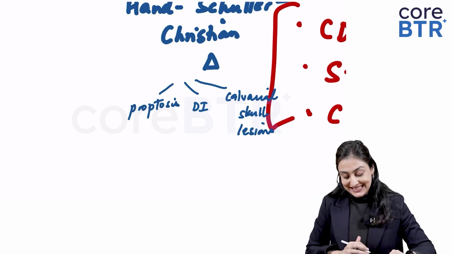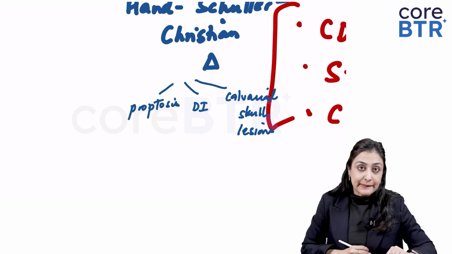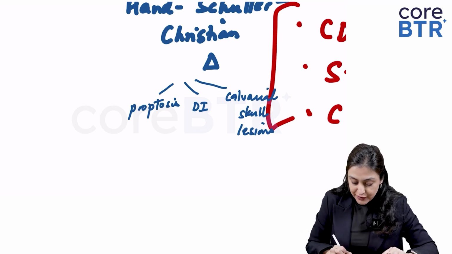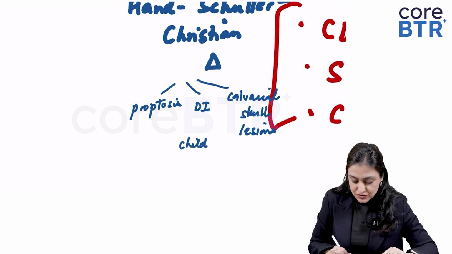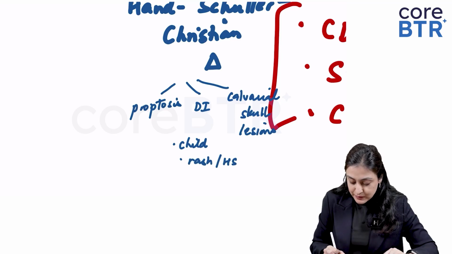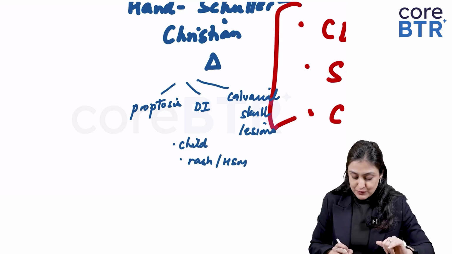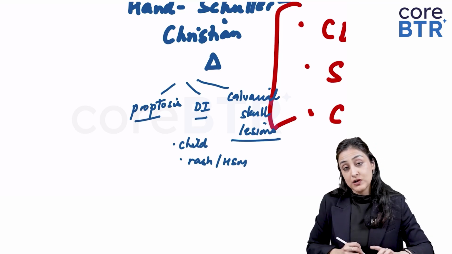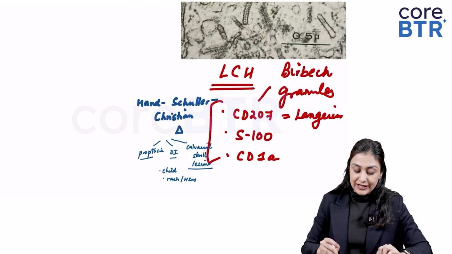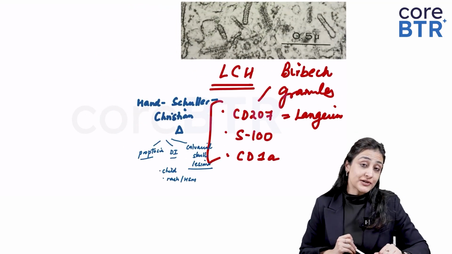So geographic lytic lesions, proptosis, diabetes insipidus, this is the triad of LCH, frequently happening in children. You may also get rash, you can get hepatosplenomegaly, everything else is non-specific. So that's why this triad works, right? So this is how you will diagnose Langerhans cell histiocytosis.